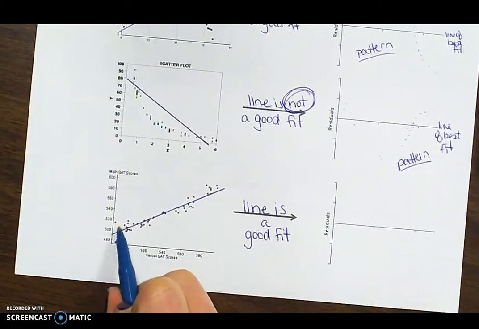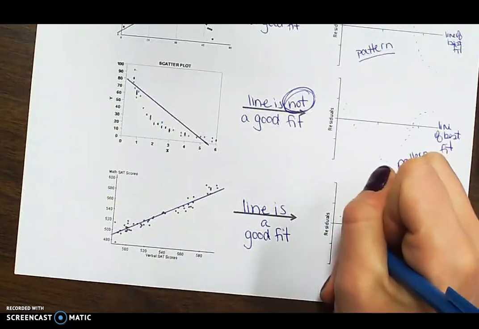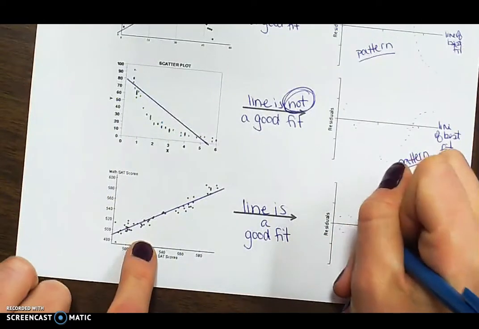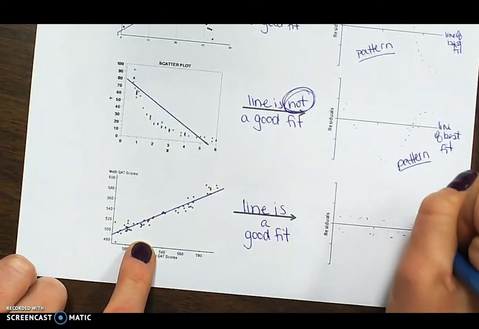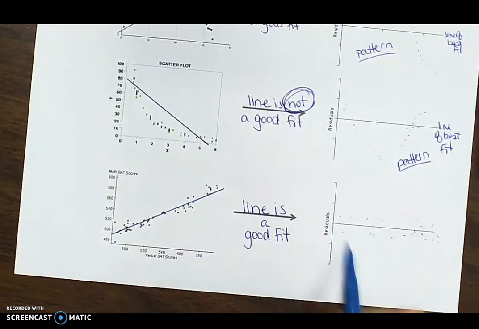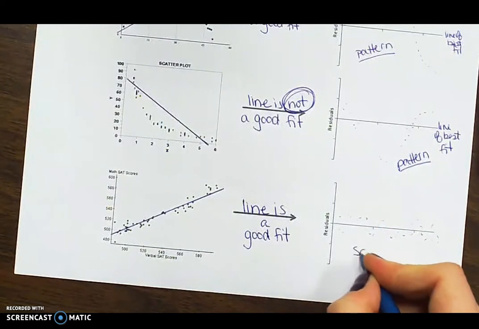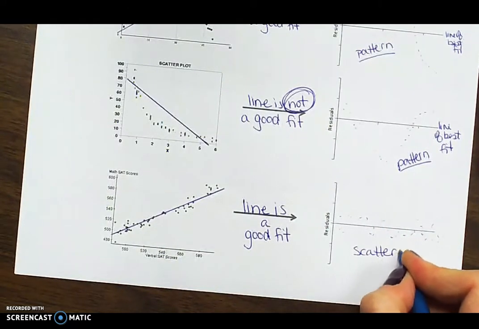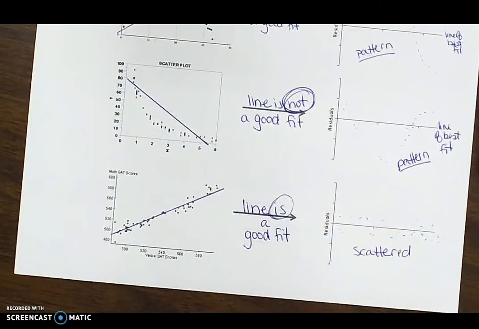If I take a look, we have points that are above, points that are below, points that are above, points that are below, points that are above and below and above and below. So these are kind of randomly all over. So if I take a look, my residuals are scattered above and below. That means my line is a good fit.